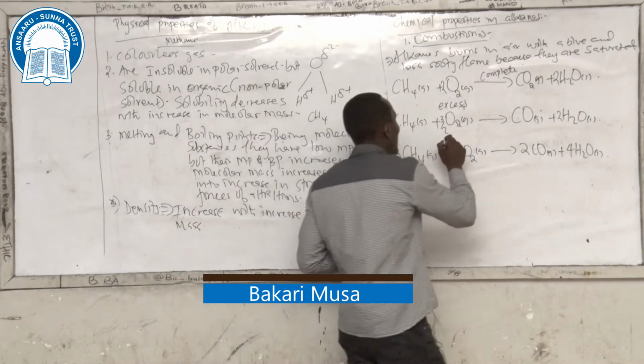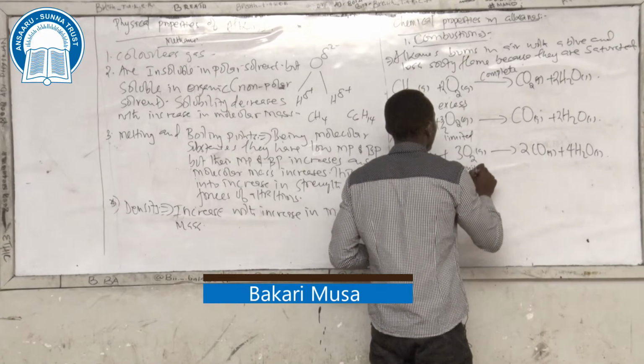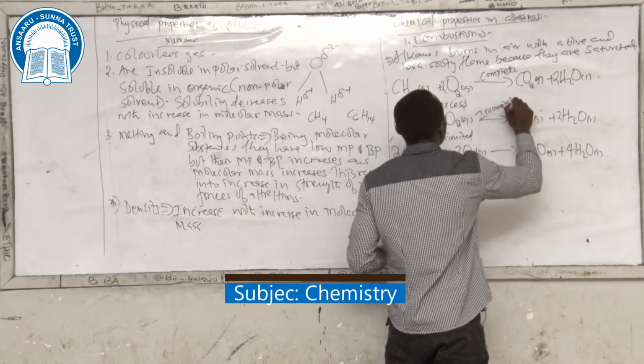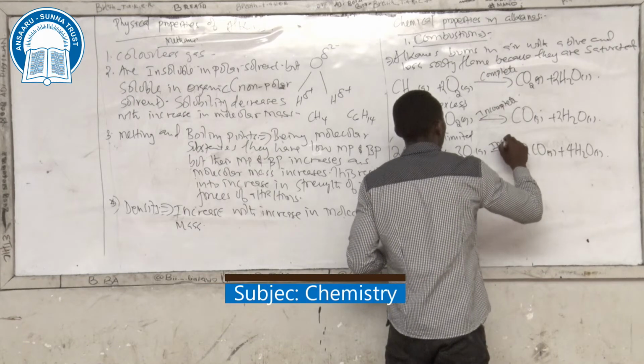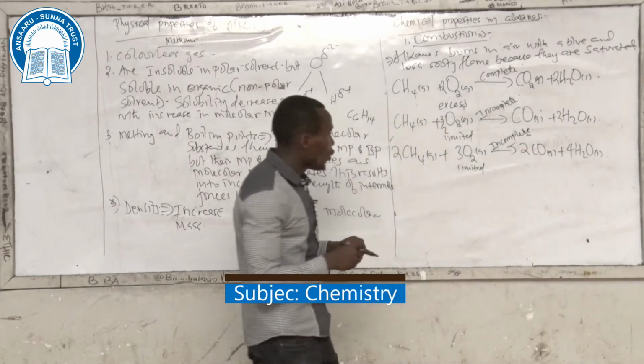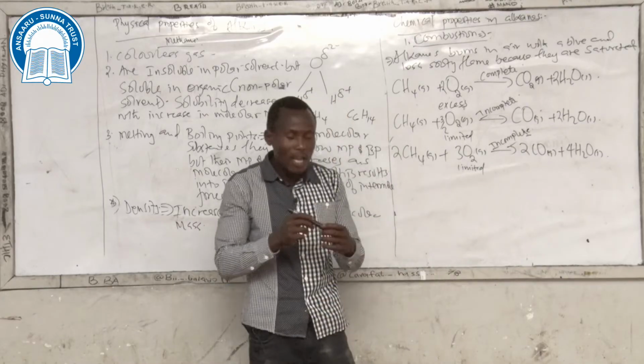Here we have limited oxygen. So we say incomplete combustion. So incomplete combustion of alkanes results in the formation of carbon monoxide and water.